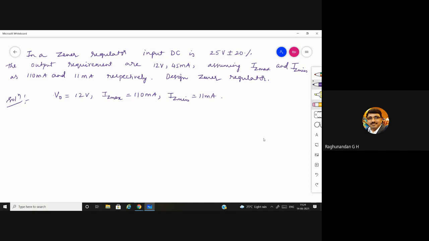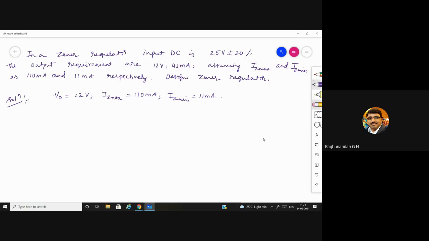To start with the problem, the input DC is 25 volt plus or minus 20%. That 20% is the fluctuating voltage, so we first need to find that variation.